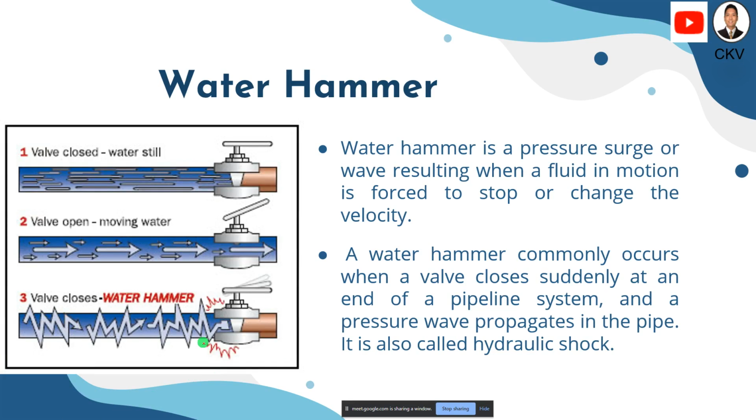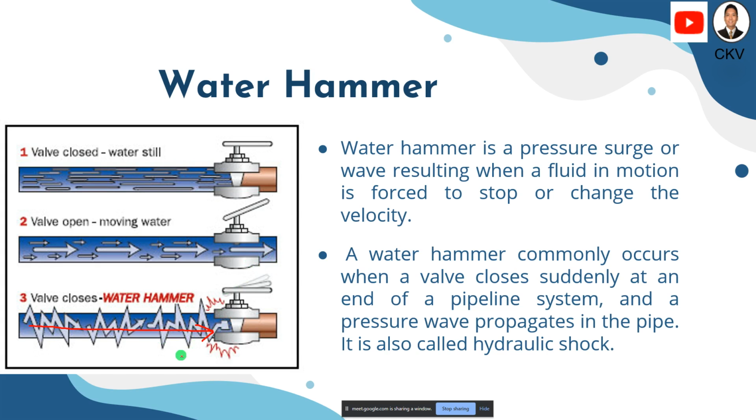So here in this example, water hammer occurs when we close a valve or a gate in a flowing pipeline system, and with that sudden stoppage of the movement of the fluid along the pipe, it will cause what we call a hydraulic shock along this pipeline.